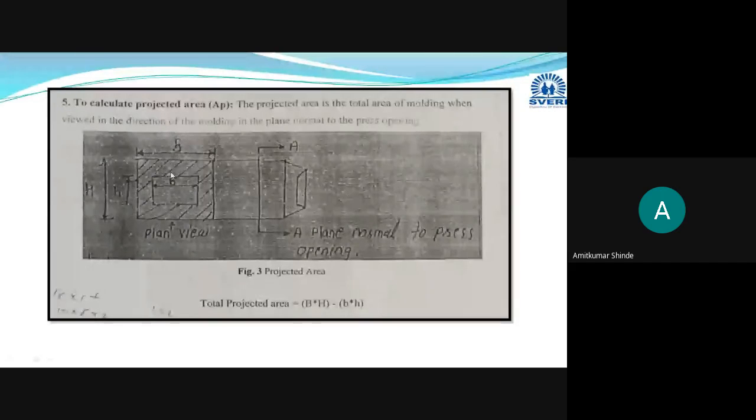The projected area is the total area of the molding when viewed in the direction of molding, or in other words, a plane perpendicular to the press opening. A plane perpendicular to the press opening is termed the projected area. Here, the portion highlighted by the inclined lines is our projected area.